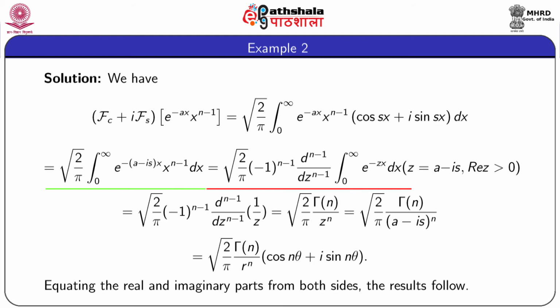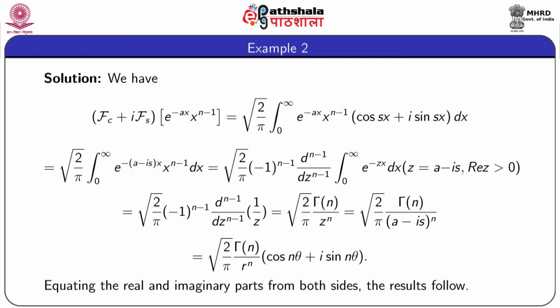This is equal to root over 2 by pi, (minus 1) to the power n minus 1, d^(n minus 1) by dz^(n minus 1) of integral 0 to infinity e to the power minus zx dx. Here we substitute in this integral a minus is as z, so that this result can be written in this form.